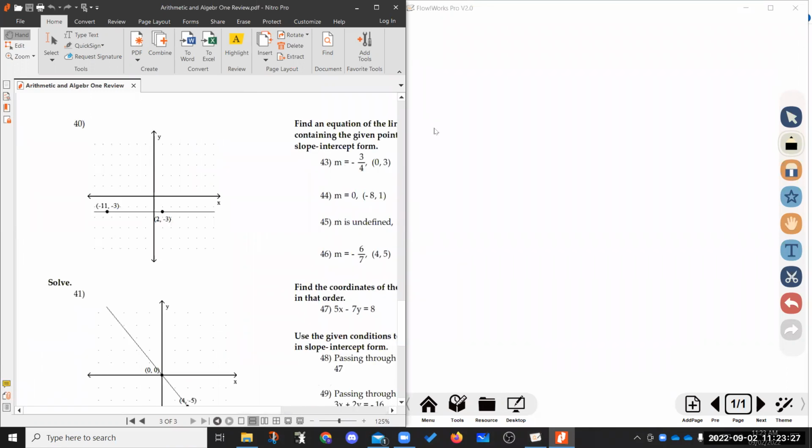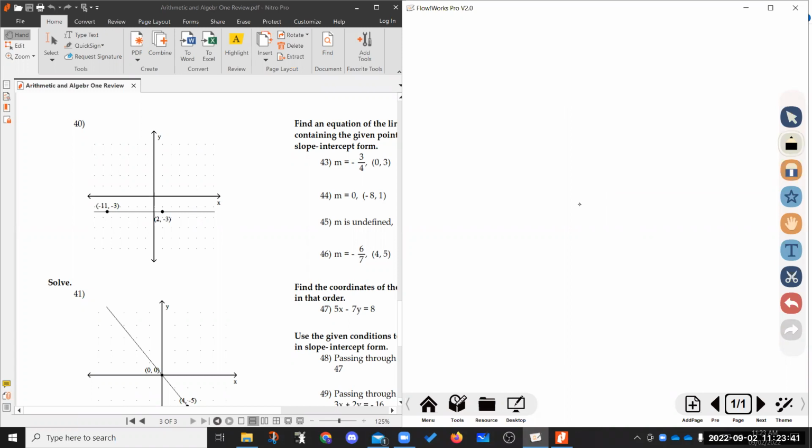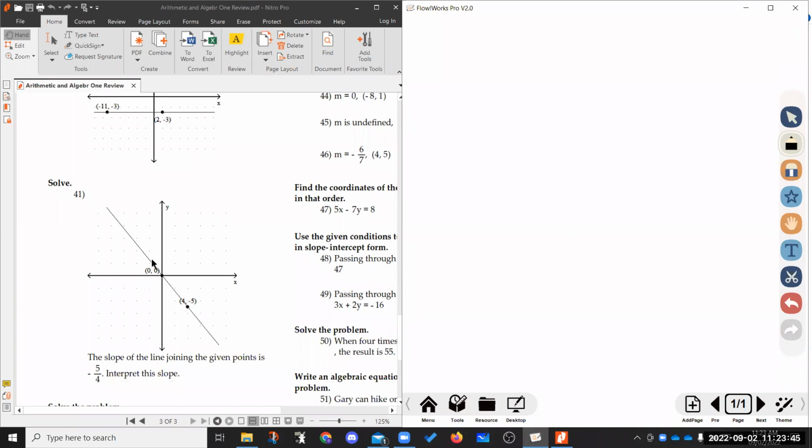Now we have a horizontal line for number 40. Horizontal lines have a slope of 0 because there's 0 change in y for our change in x. And we are going to find the equation of this line, I believe.